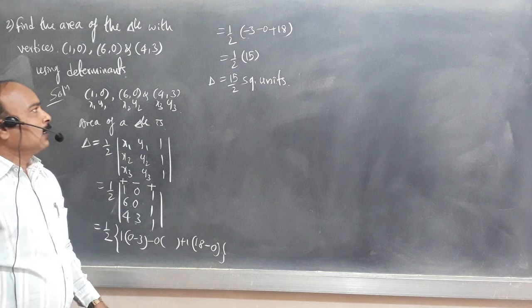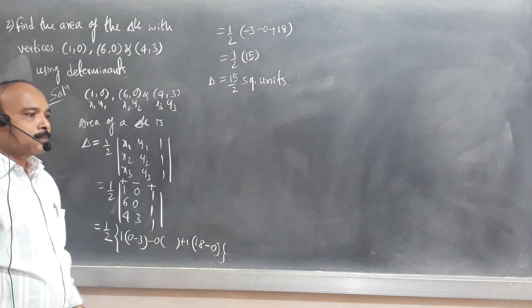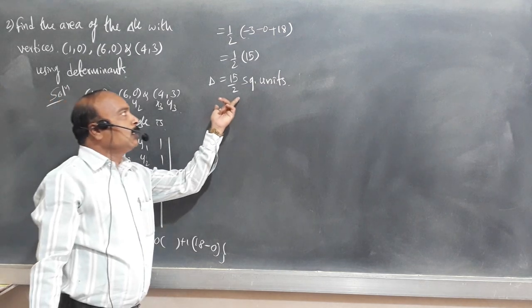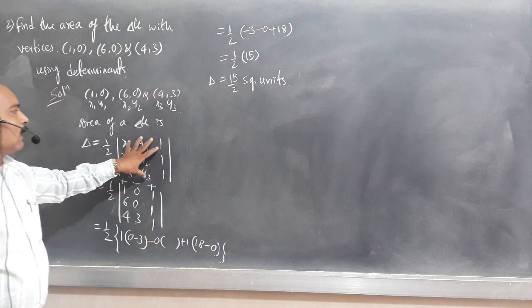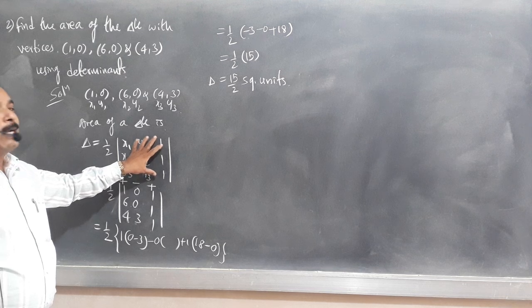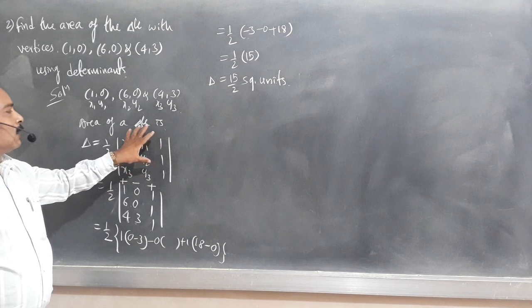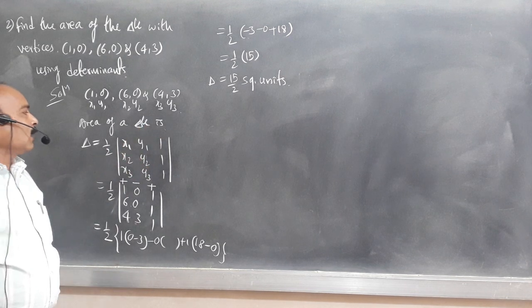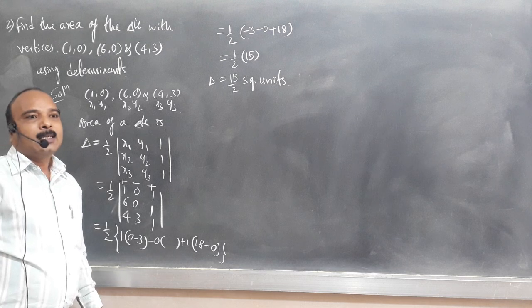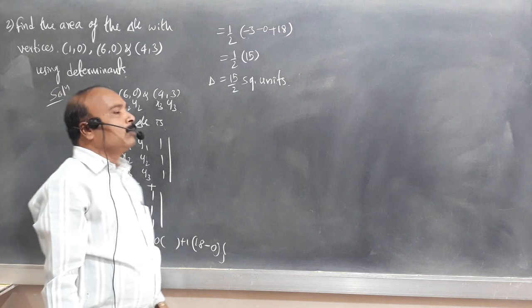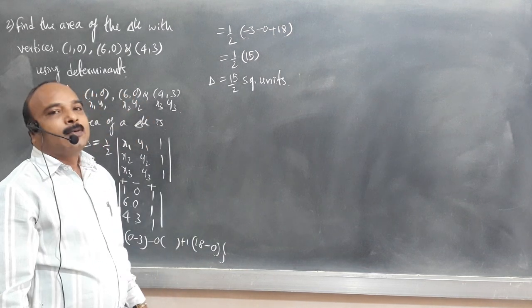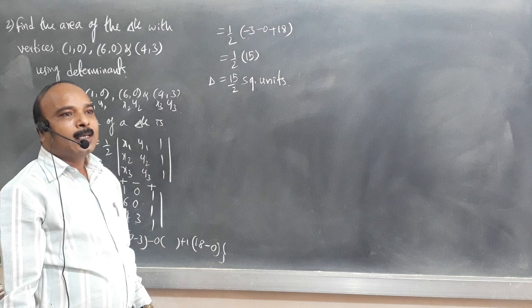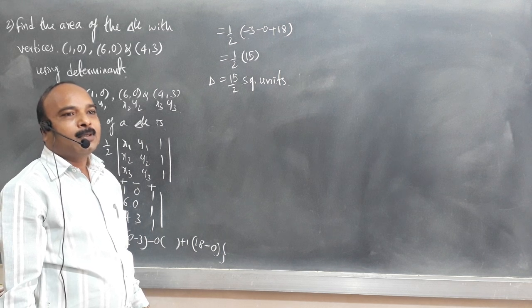Like that we find the area of the triangle. As I told already, the area of the triangle is always the modulus value of this determinant, because we can take only a positive result. Therefore we consider the modulus value of this determinant. And second thing, if the area of the triangle is already given, at that time for calculating the unknown value we can use plus and minus sign both.